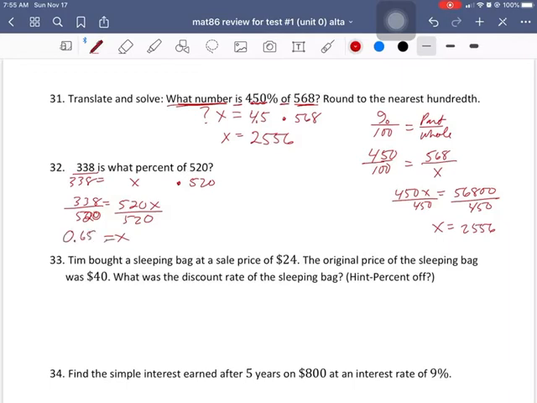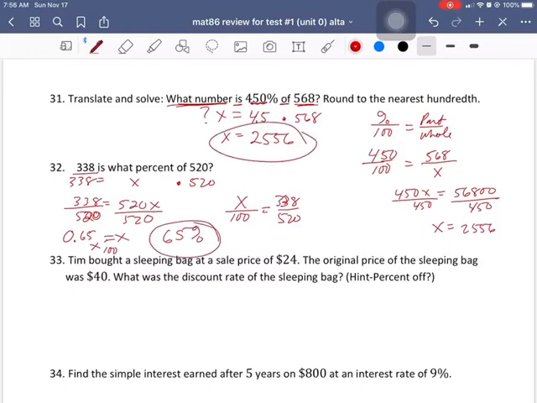And remember, if you do it this way, this decimal needs to be multiplied by 100, so you get 65%. If you do it the other way, it's what percent, think about it, 338 is what percent of, so 338 is the partial number, and 520 goes there, okay? And you cross multiply to solve. That's the answer to that one, okay?